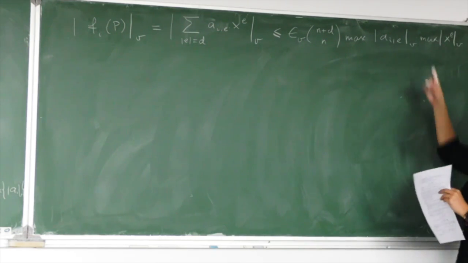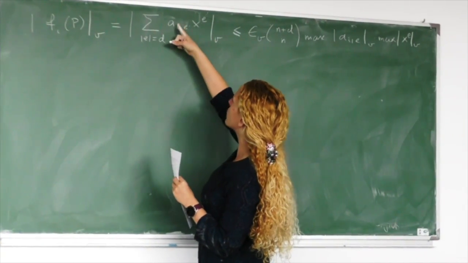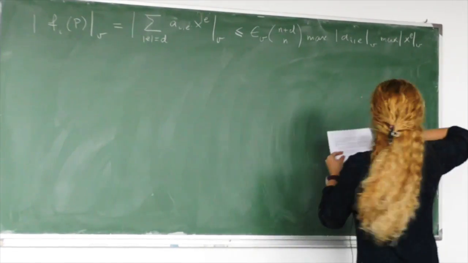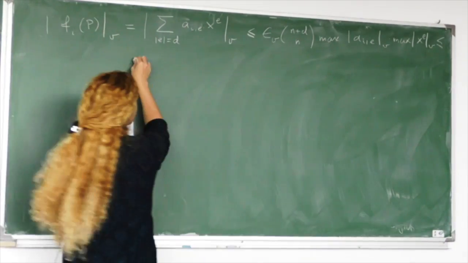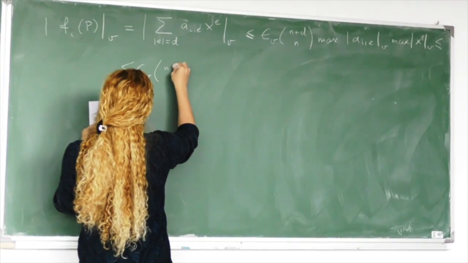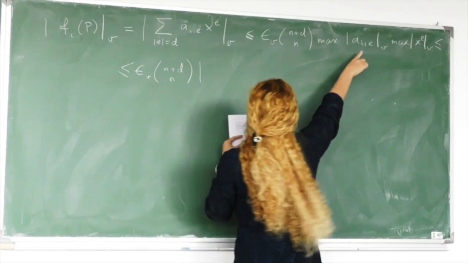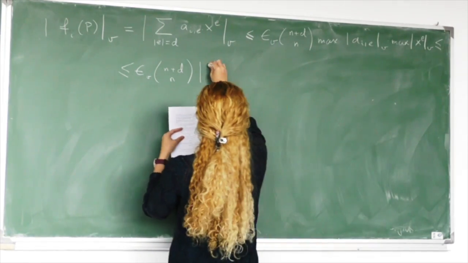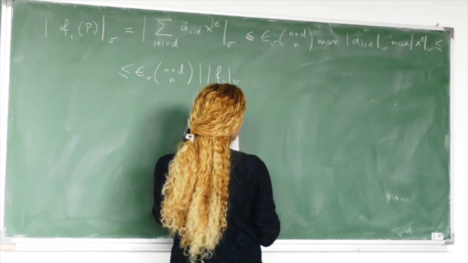Because the absolute value is multiplicative, I can take the absolute value of this product, which is the product of this with the product of this. Now this is smaller or equal, so I have the constant, and this is precisely what I defined to be the norm of F_i.